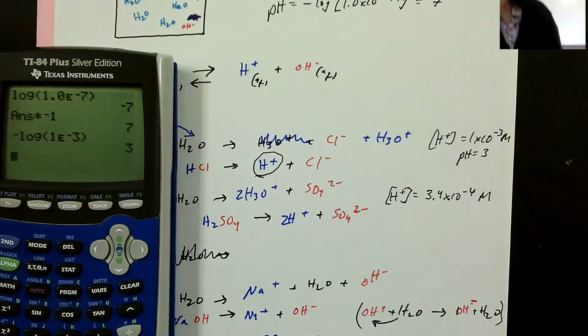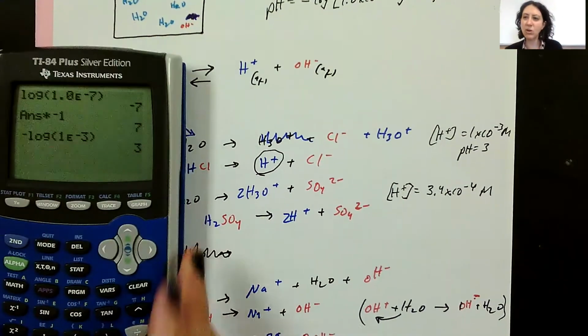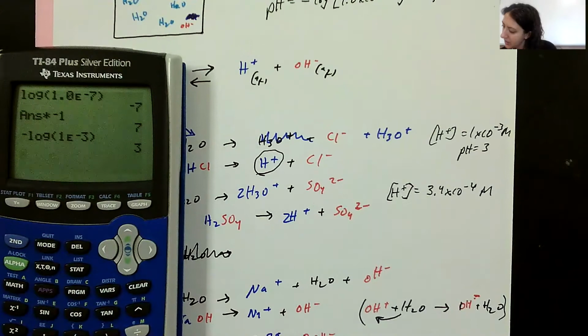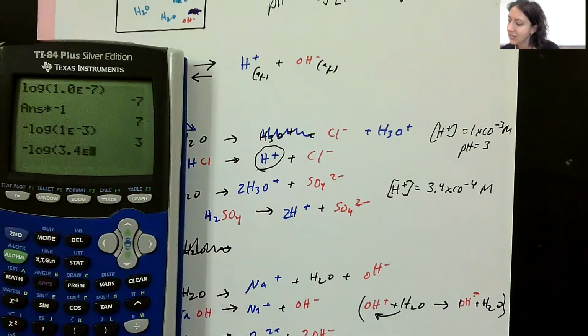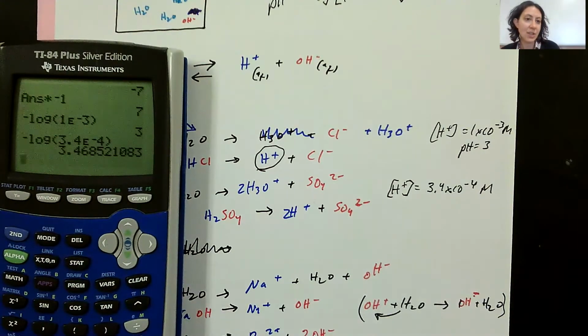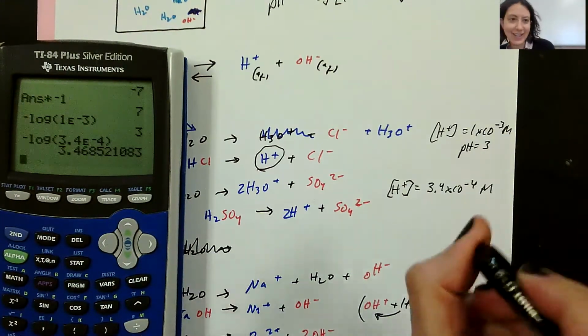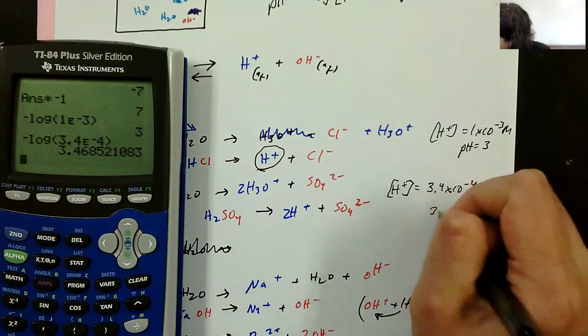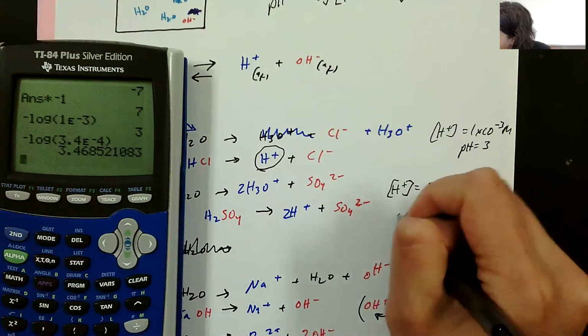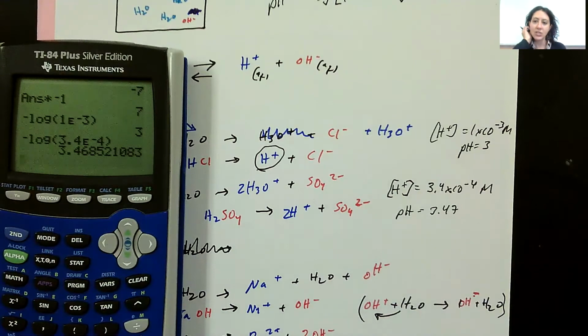It's going to be a little less obvious, but it should be something like 4, maybe a little higher or a little lower than 4. So the negative log of 3.4 times 10 to the negative 4th, and that's 3.47, it looks like, is the pH. Okay, so that's kind of how that works.